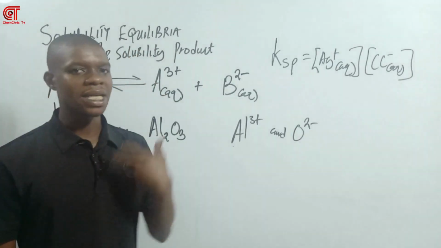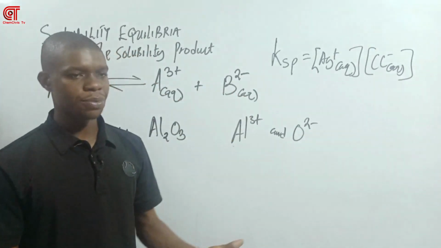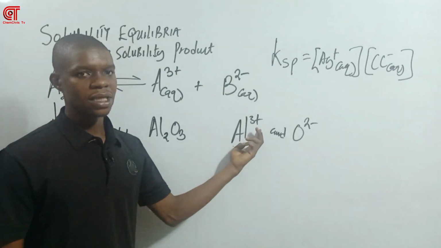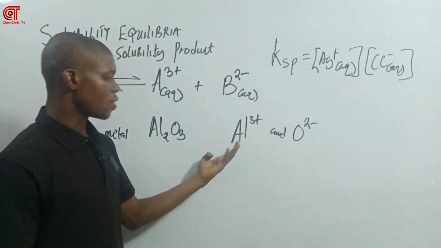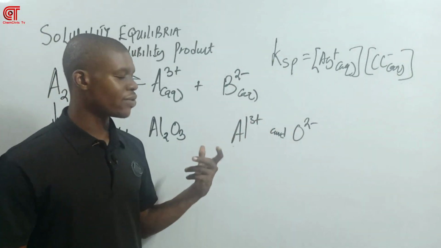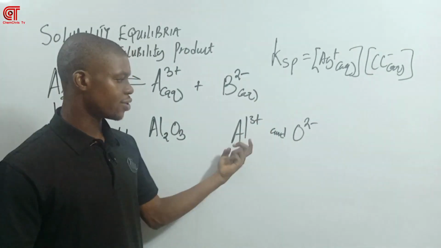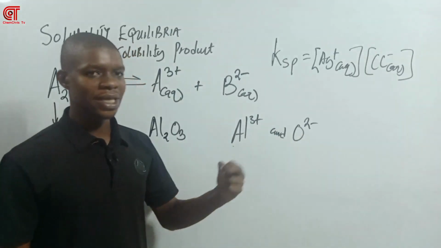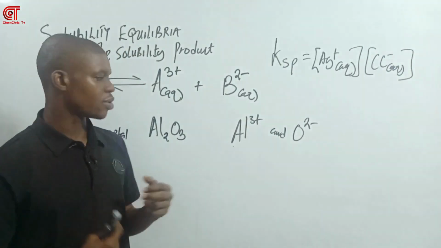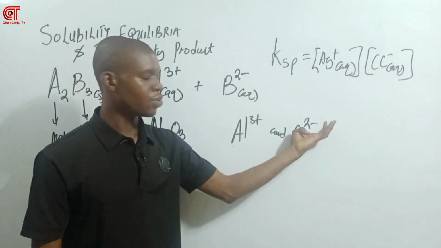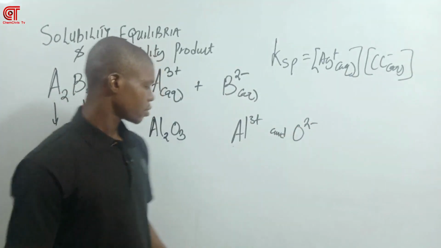And whenever a metal gives out or loses electrons, it becomes positively charged. So the charge depends on the number of electrons it is going to lose. Here we have Al3+, meaning that it will give out 3 electrons. Oxygen here means that it will gain 2 electrons. Remember, when a non-metal gains electrons, it becomes negatively charged. So that's how we work it out here. You get it?